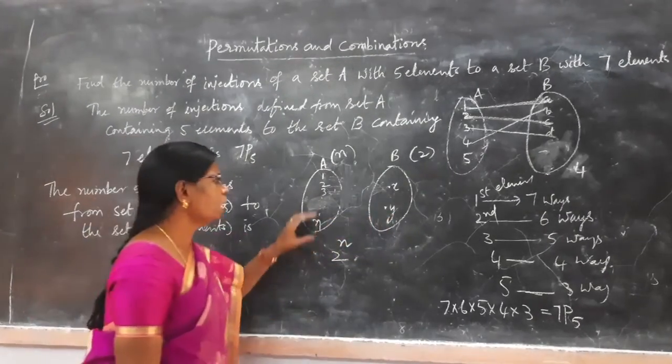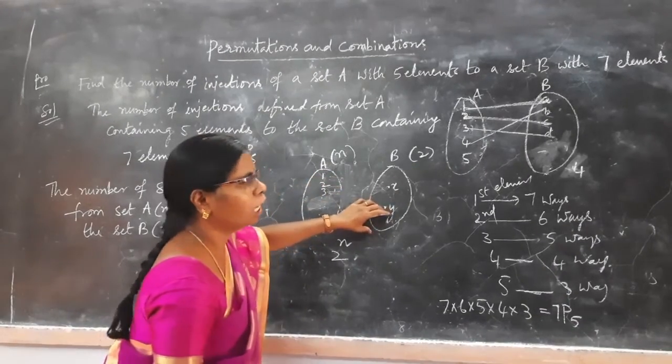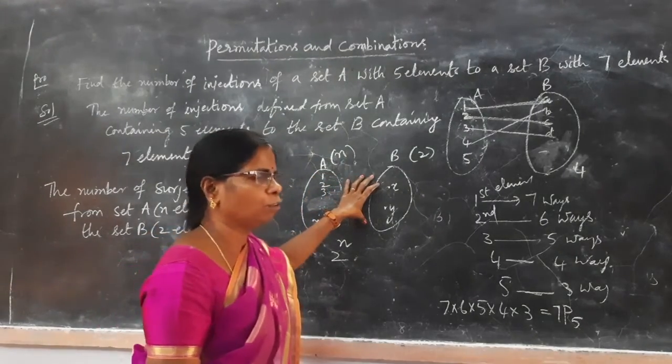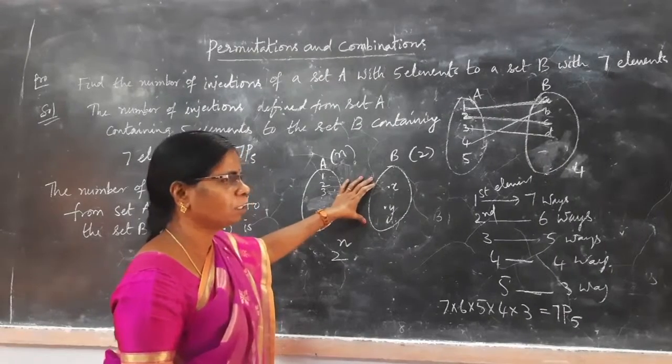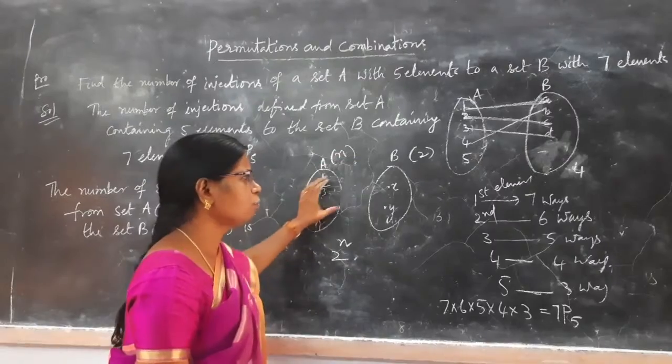Similarly, when all elements are mapped to y, that function is also not a surjection, not an onto function. So these are the two situations, the two functions: all elements are mapped to x, and all elements are mapped to y.